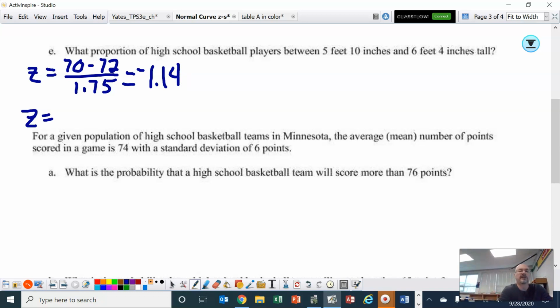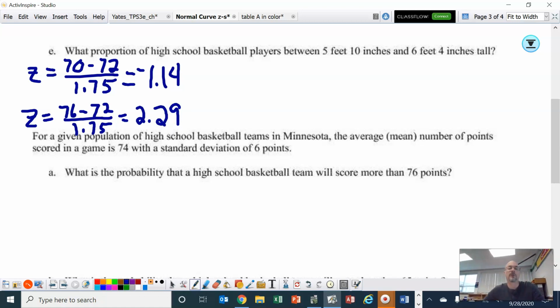All right, and then the 6 feet 4 inches, well, 6 feet we know is 72 inches, and then another 4 inches, that's going to be 76. So this is going to be 76 minus 72 divided by 1.75. Okay, obviously that's going to be positive. That would be 4 divided by the 1.75, and we're going to get a Z-score of 2.29 if we round it appropriately.